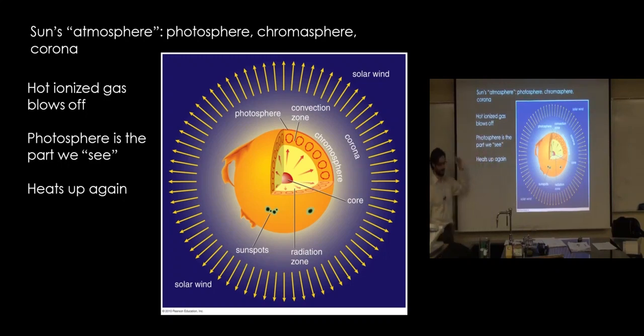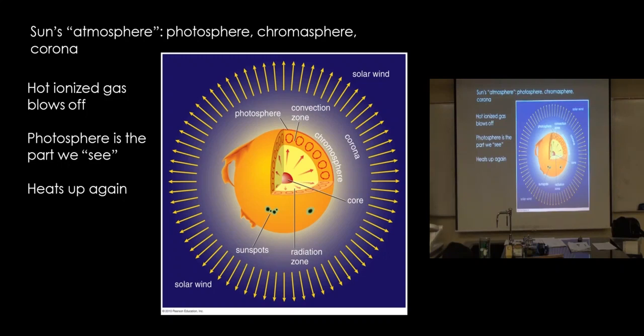We're always talking about the photosphere, because that's the outer edge before something kind of weird is about to happen. So when people say the sun is 5,800 degrees, they're talking about the photosphere, which is almost like an onion skin layer, very, very thin, and is the part that you see. And something kind of wild happens, which is still not completely understood: the material heats up again.